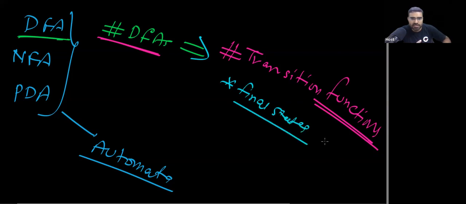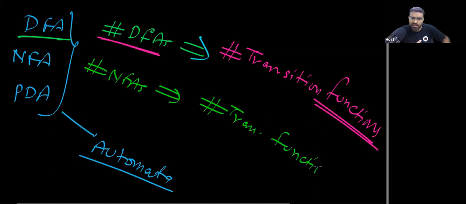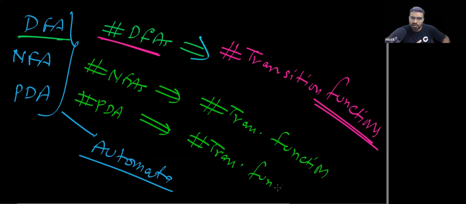This is the main driving factor, the transition function. Similarly, if I ask how many NFAs, or how many PDAs, then also it is the number of transition functions. Is this point clear?